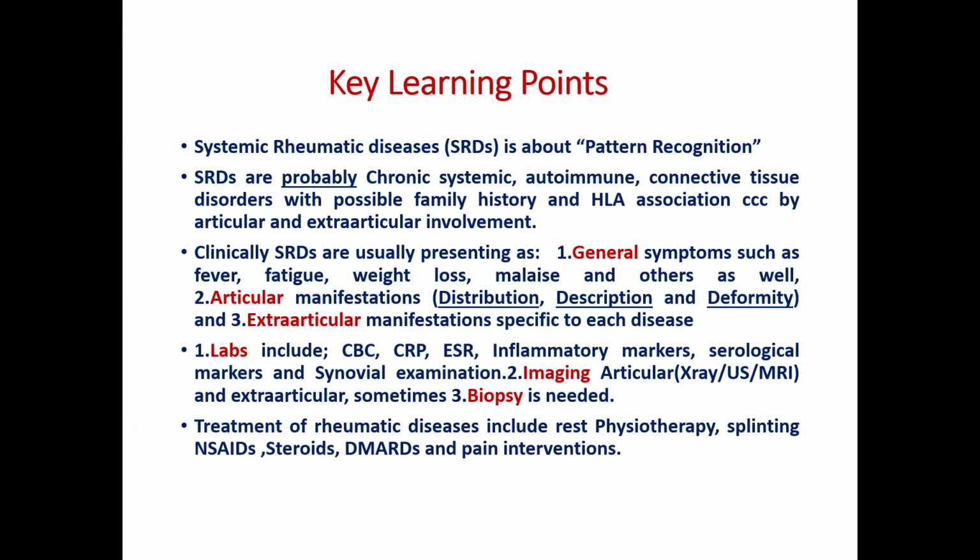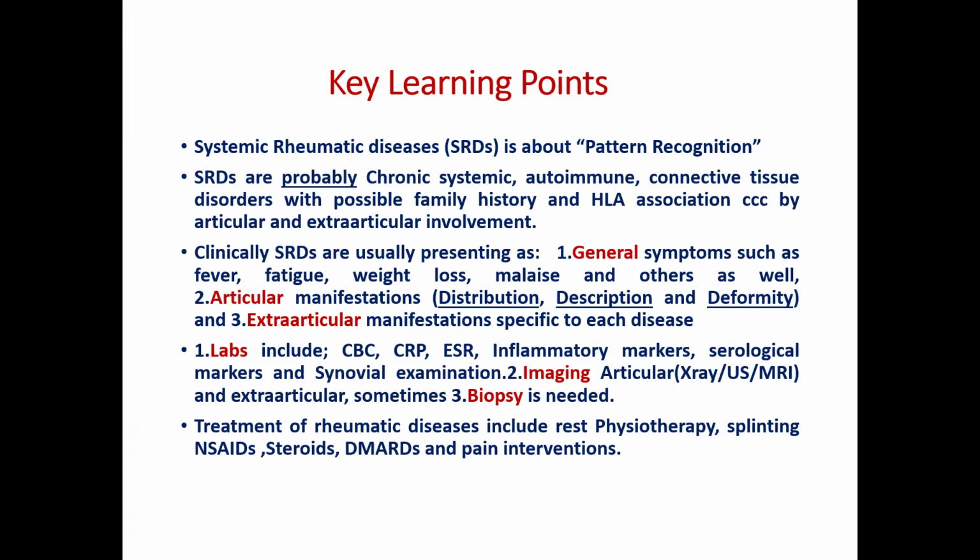Some of them will have a positive family history, some of them will not. Some will have HLA association, like HLA-B27, for example, in seronegative spondyloarthropathies, and some not. Some are characterized by articular and extra-articular involvement, and the extra-articular involvement is specific for each disease.